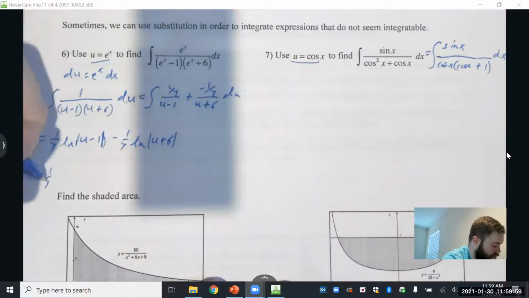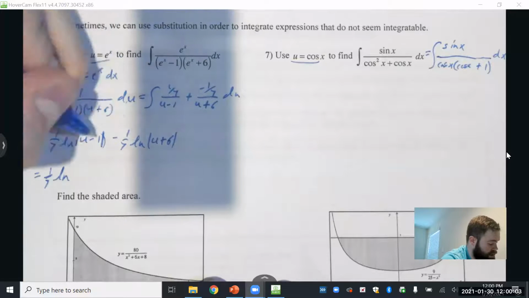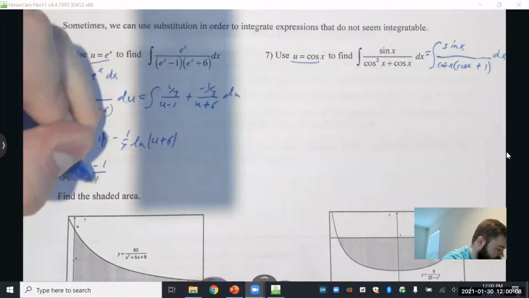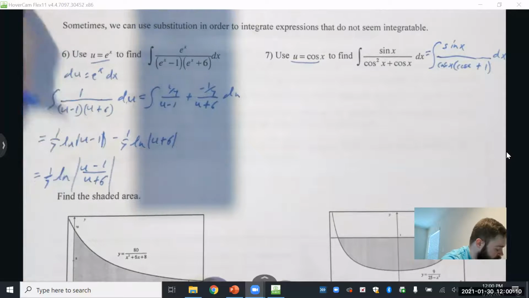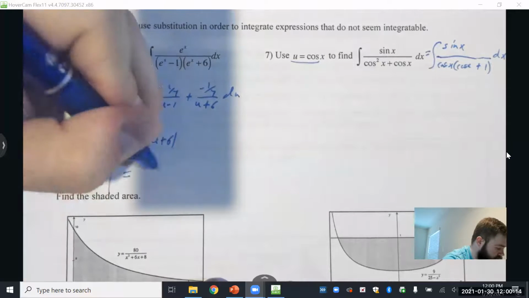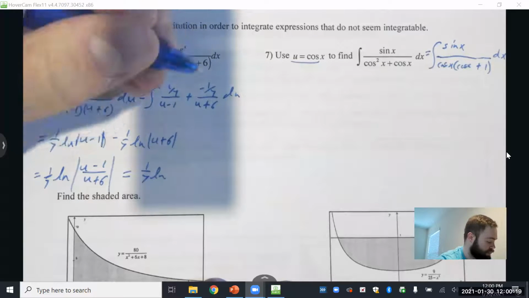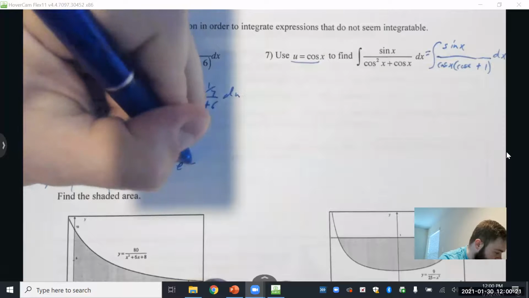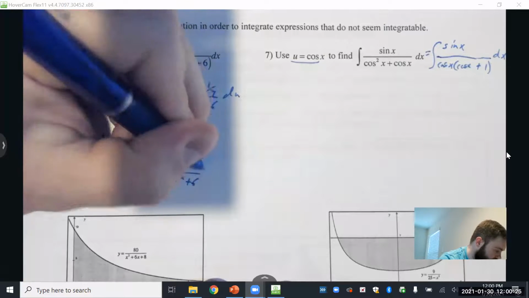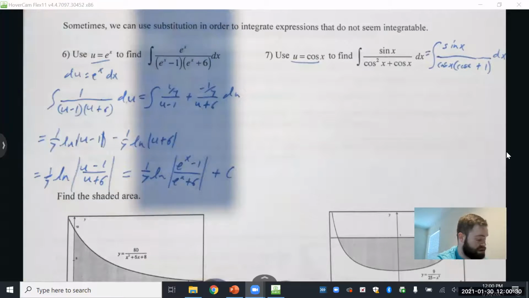I'm going to have a 1/7 out front, natural log of, since we're subtracting, u minus 1 over u plus 6. And now let's plug u back in. So that will become 1/7 natural log of e to the x minus 1 over e to the x plus 6, plus C.